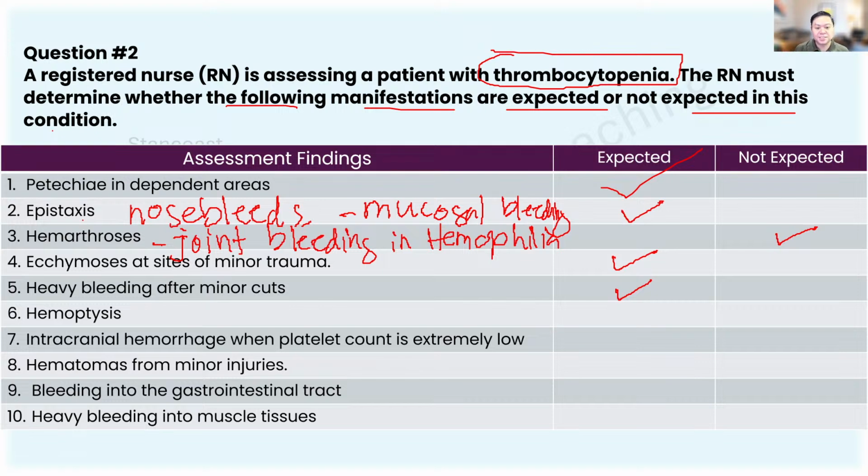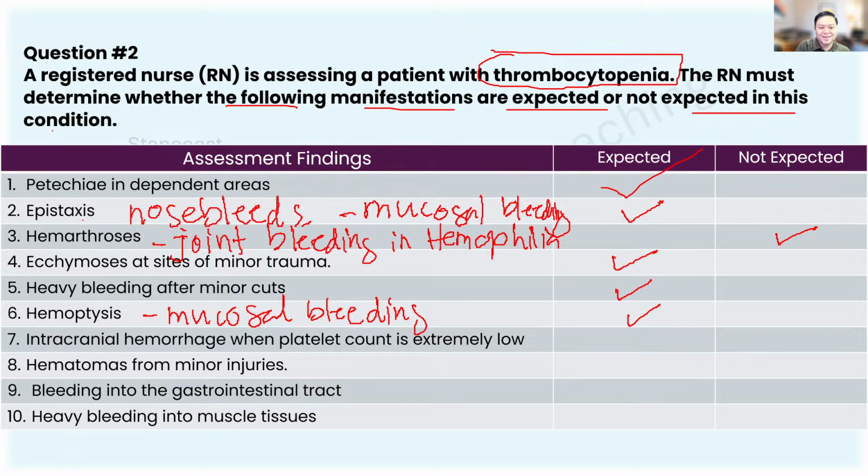Now, number 6, hemoptysis, coughing of blood. It is also expected in thrombocytopenia. This is considered a mucosal bleeding. Now, what about intracranial hemorrhage when platelet count is extremely low?